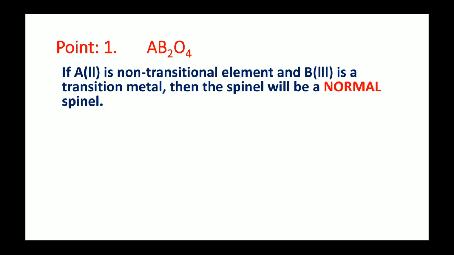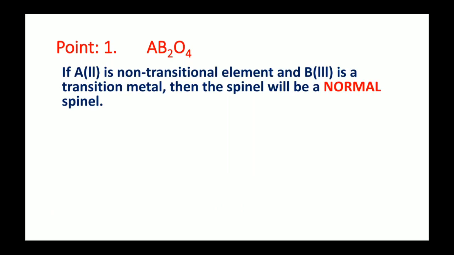For the +3 oxidation state metal ion, as it is a transition metal, it has a CFSE, and the mod value of the CFSE is obviously greater than 0, and hence the +3 metal ion will choose the octahedral site for gaining the CFSE, and hence it will be a normal spinel.